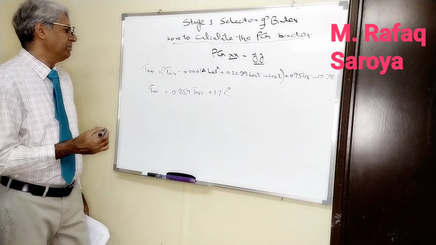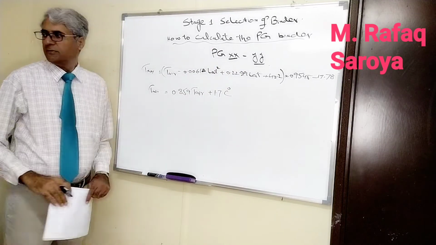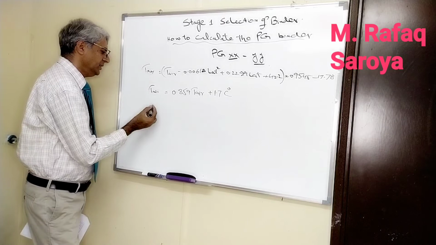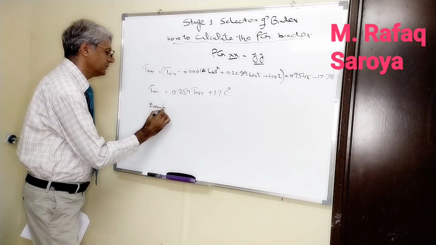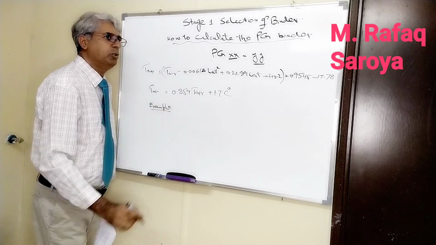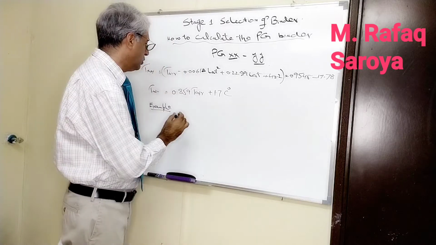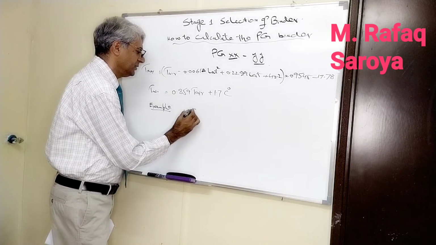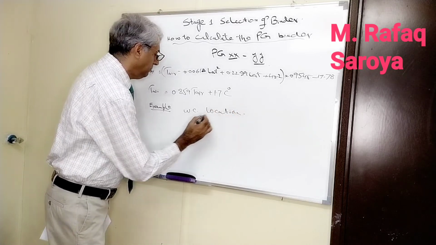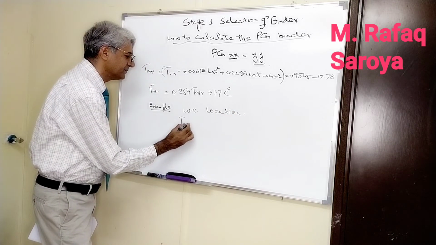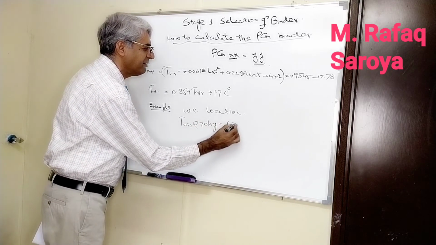Let me give you an example of how we are going to make the calculation. As I told you, we have to design the wearing course for a certain location where T air at the rate of 7 day is equal to 47 Celsius.